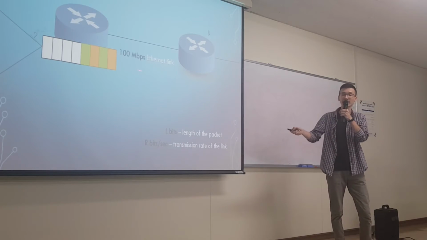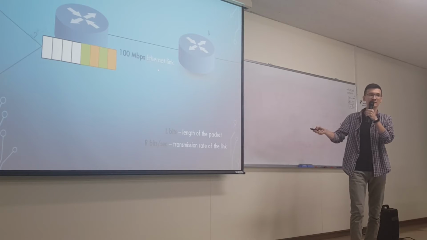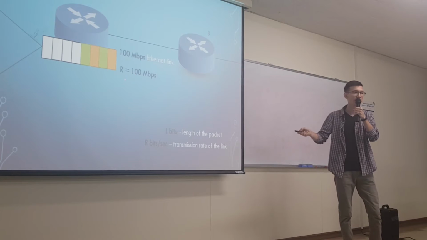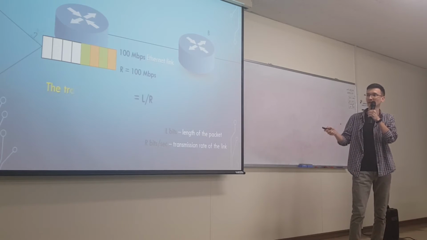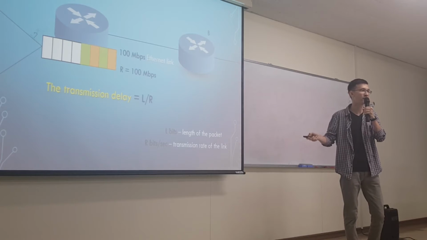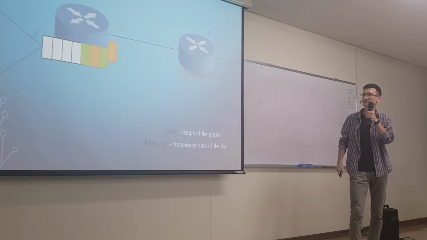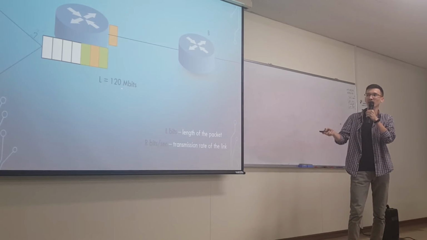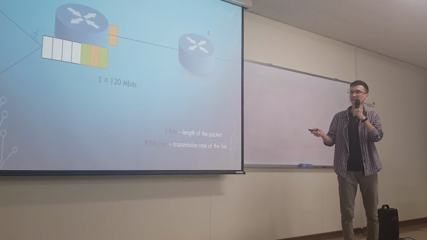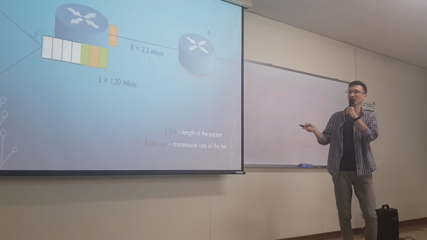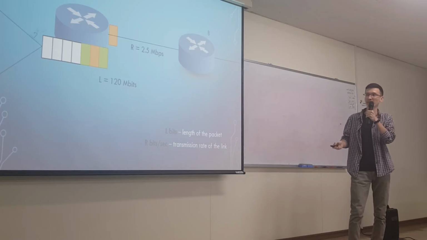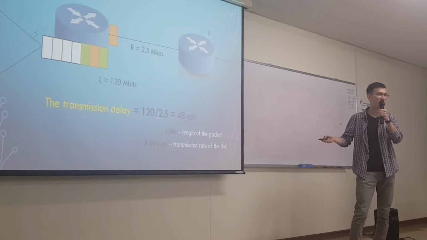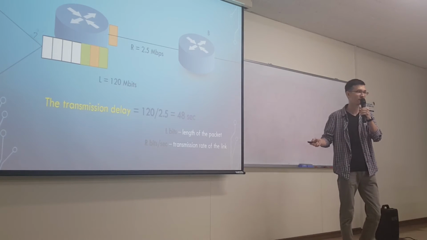For example, if our link is 100 megabytes per second, the transmission delay is L divided by R. Another example, we have a 120 megabit packet, and the transmission rate of the link is 2.5 megabytes per second. The transmission delay is the answer you can see here, 48 seconds.